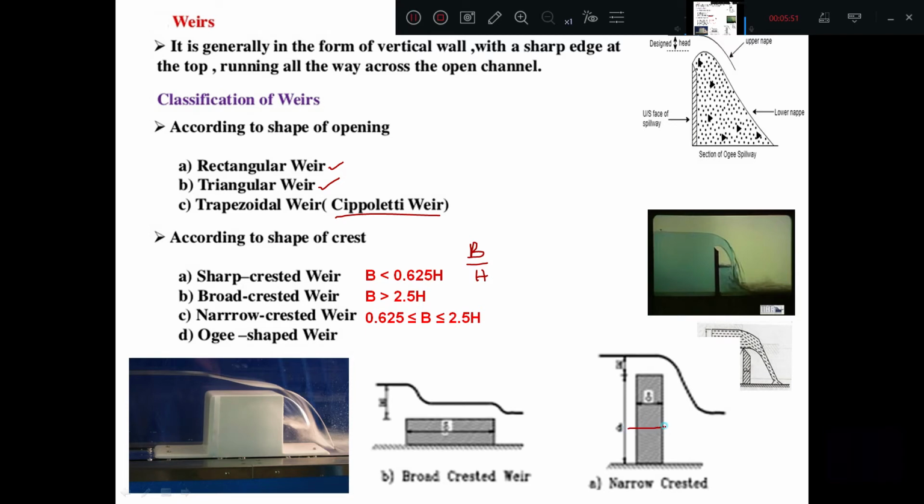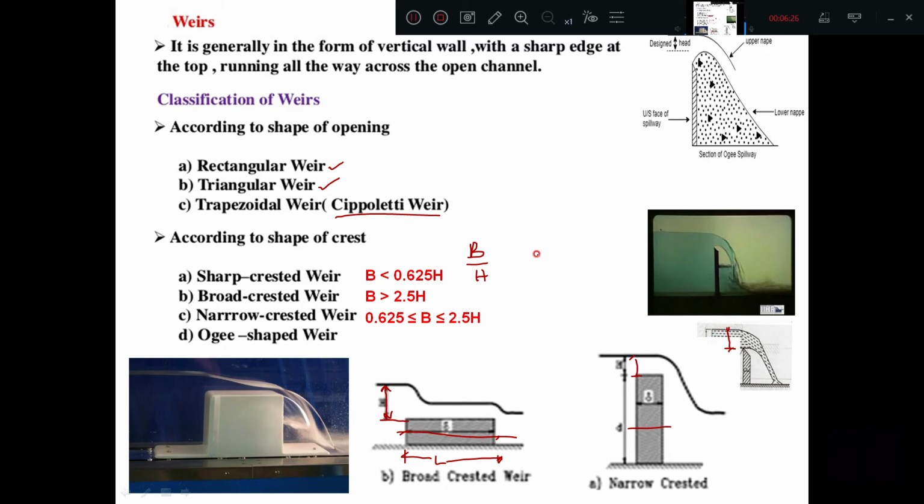This is the width, you can take it as B, or sometimes you can call it the length of the weir. So in B by H, H means the head over the crest. Head means the water depth above the crest. Here it is the depth.